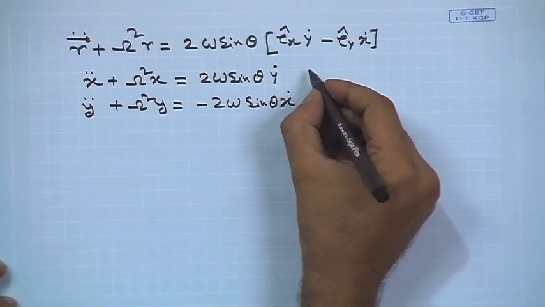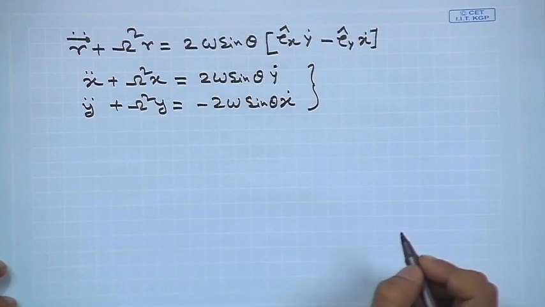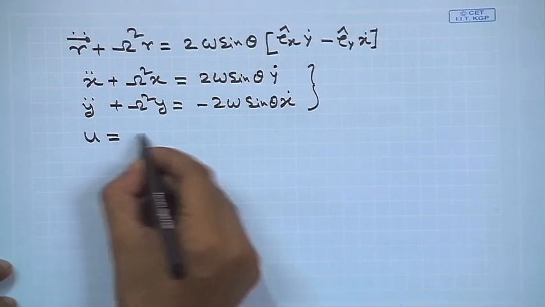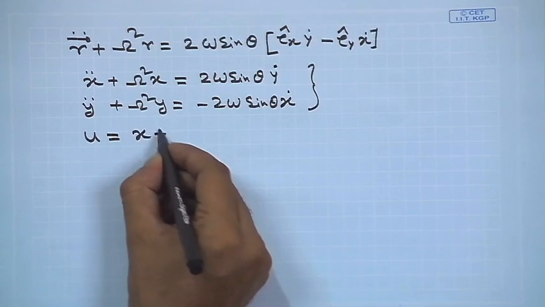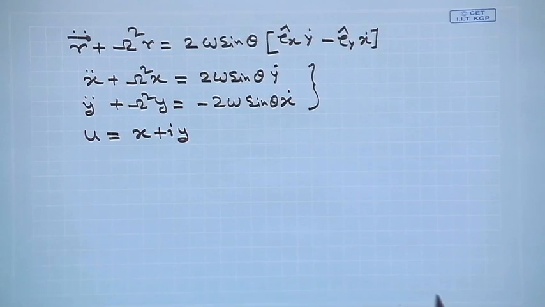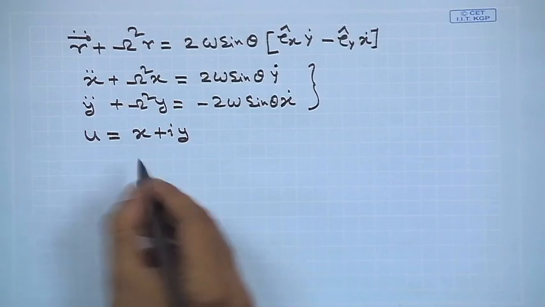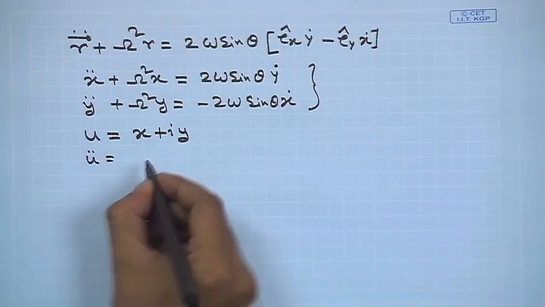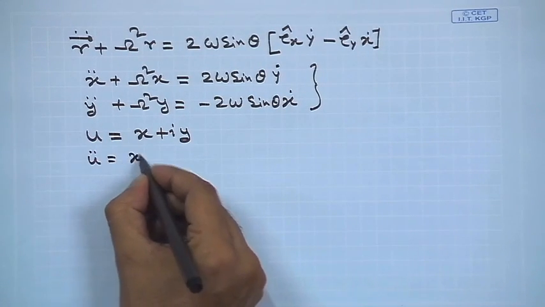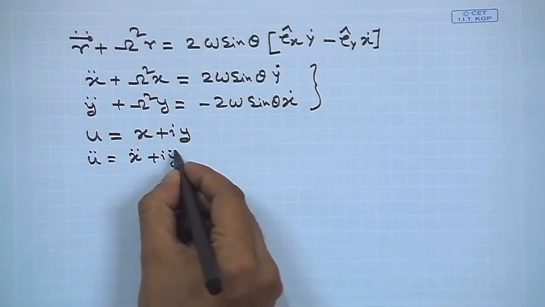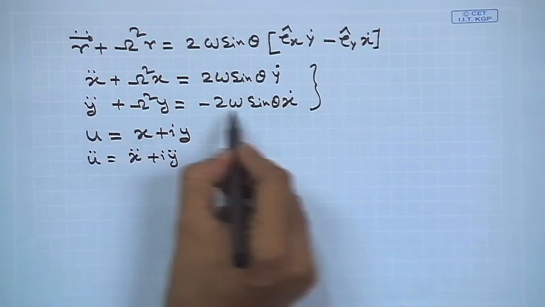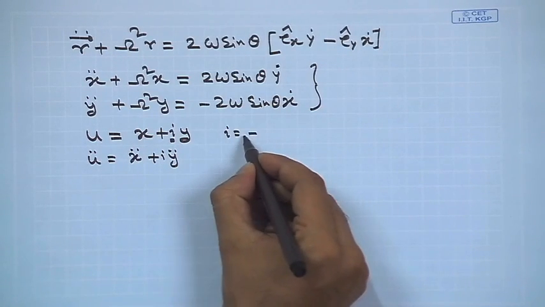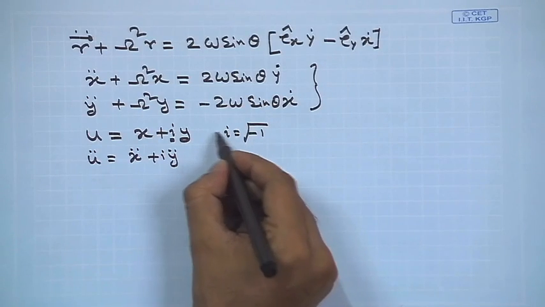In order to solve this set of coupled equations, we introduce a new parameter, a complex quantity u, which is x plus i y, right. So, u double dot will be x double dot plus i y double dot. Now, we can multiply the second equation by i, where i equals root over minus 1.